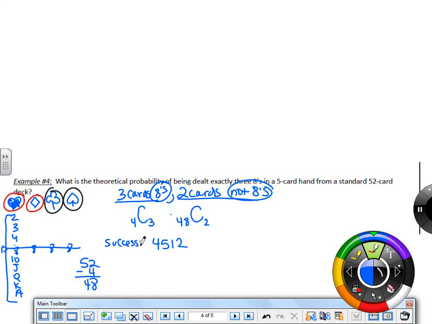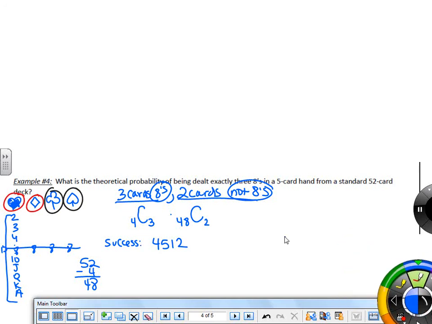But that does not count for the total, okay? The total is basically going to consist of any 5-card hand, because that was what I was counting. I'm going to be dealt a 5-card hand. So I need the total number of ways to be dealt a 5-card hand, and then the number of ways to be dealt the hand I want, which is 3 8s and 2 of any other card.